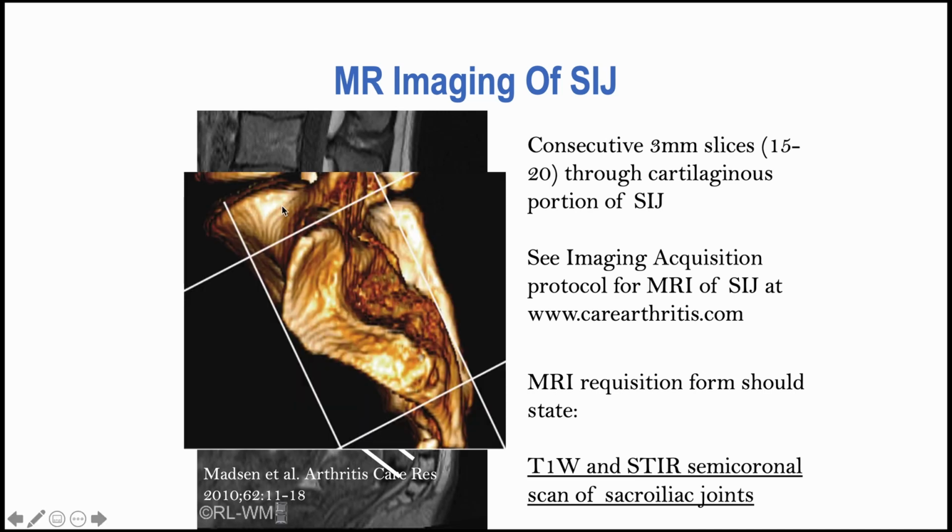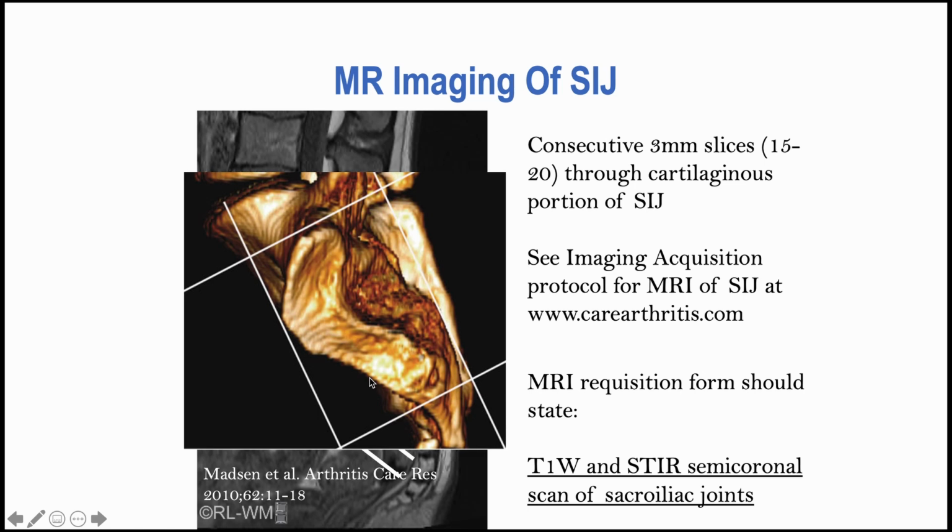Now, why do we conduct the evaluation with this orientation? The cartilaginous portion of the sacroiliac joint is approximately a C-shaped structure. The synovial portion of the joint is in the inferior third, and it borders the rim of the cartilage.